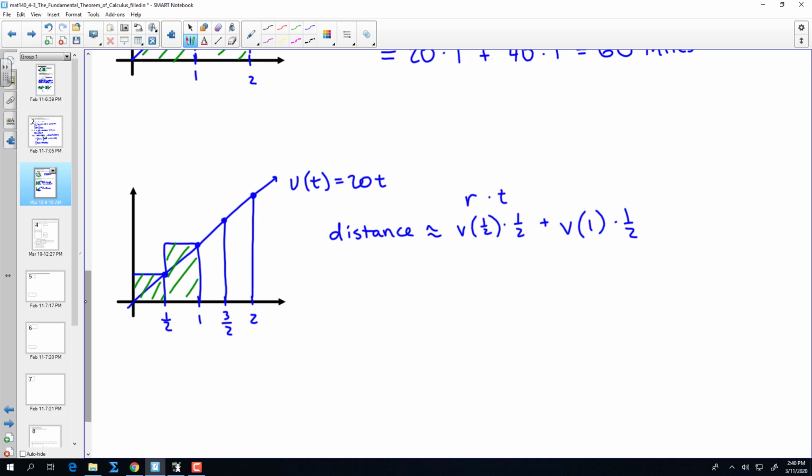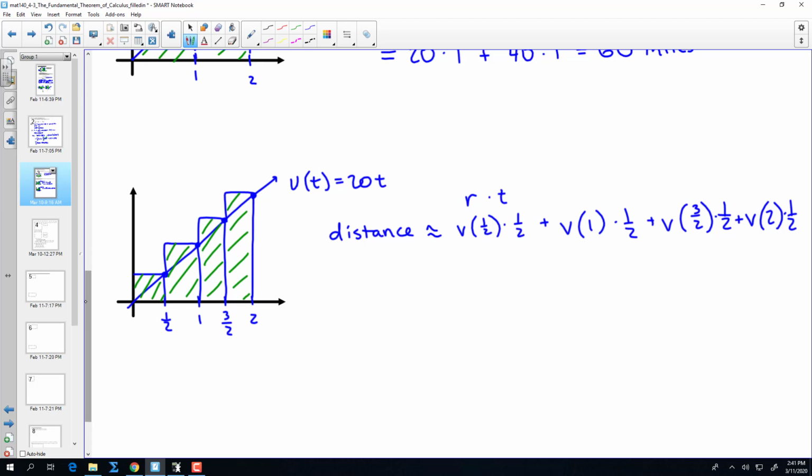And then when we do v at 3/2 times 1/2 plus v at 2 times 1/2, then what happens is we get the remaining intervals here and here, adding up these areas.